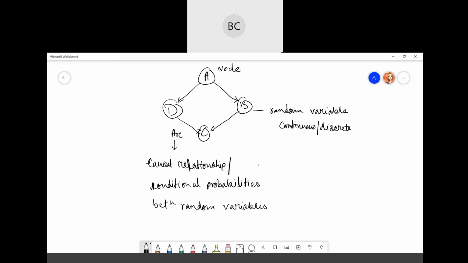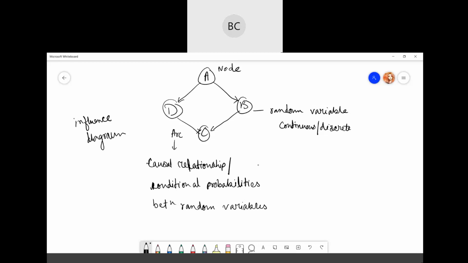So here A, B, C, D are random variables represented by the nodes. You can say it's a network graph, or another word is influence diagram. Here you can see B is connected to the node A by a directed arrow.